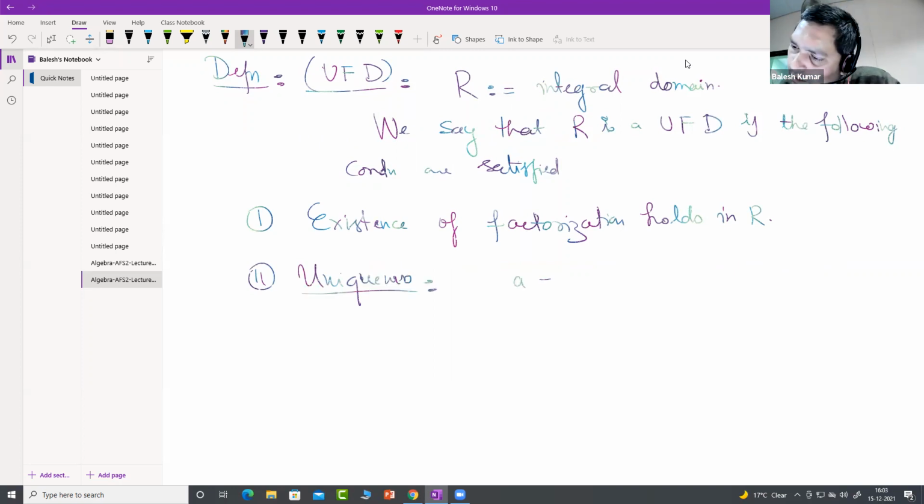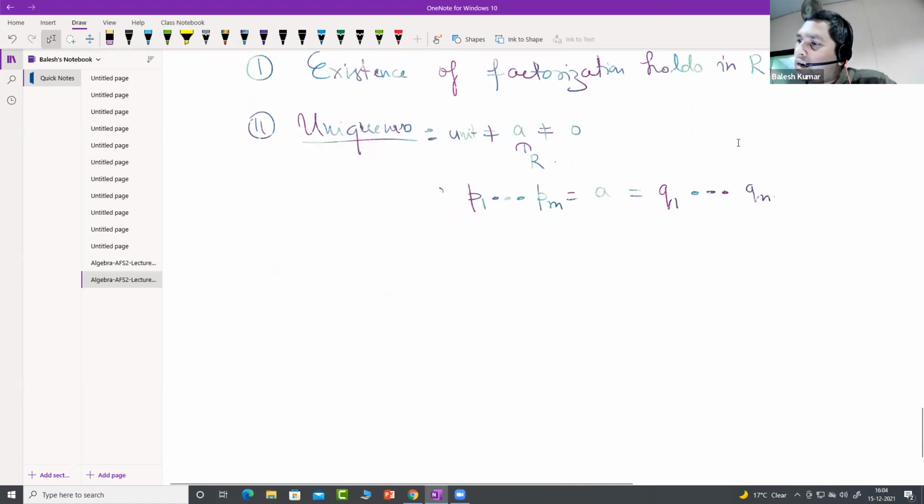If you take any non-zero, non-unit element A inside this integral domain R, and you are able to write the element A in two ways, as P1, P2, up to Pm, and in another way as Q1, Q2, up to Qn, where the Pi and Qi are irreducible elements, then uniqueness means that m should be equal to n.